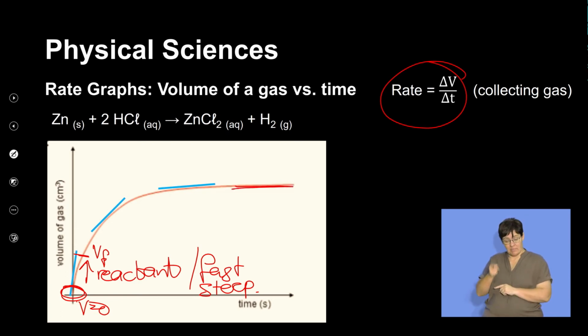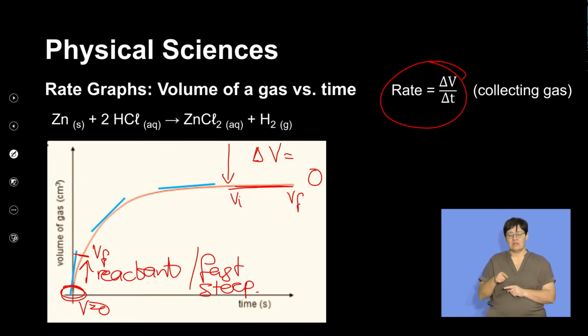as when we get there where the reaction more or less stopped because one of the reactants is used up, when we look at our delta V, it will be our final minus our initial volume, which will actually be equal to 0, meaning that at that time, with regular time intervals, we will have a volume of 0.